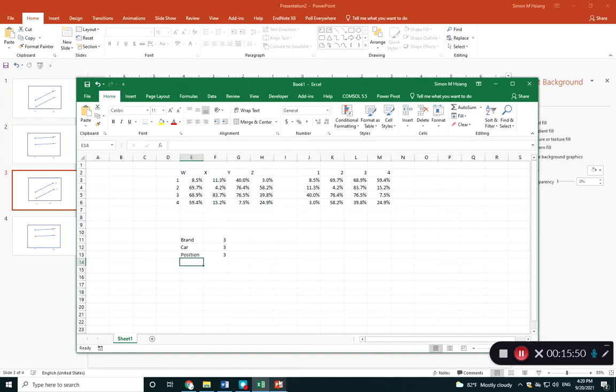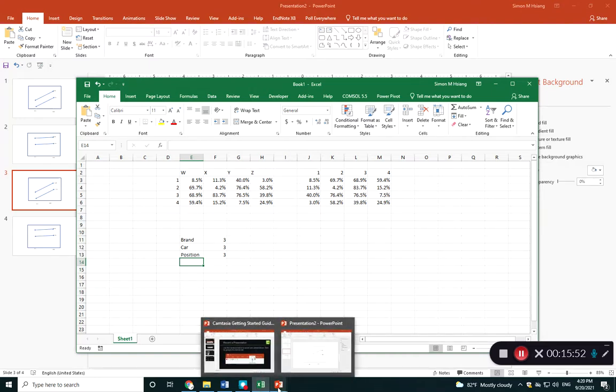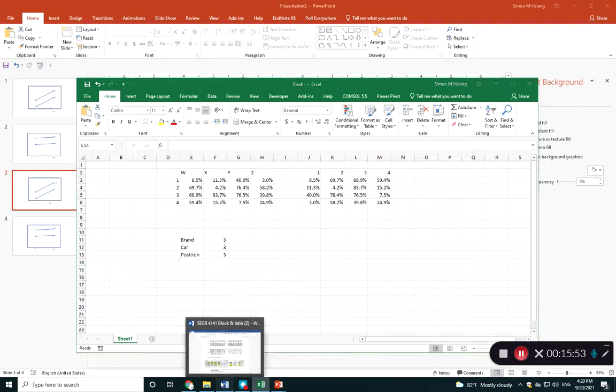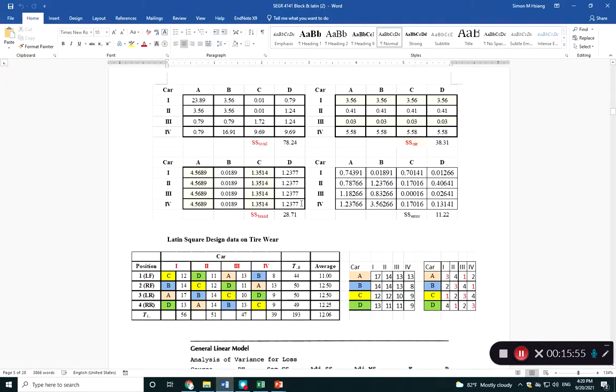Can someone ask the question for me here? When you do your homework, when you try to evaluate the blocking effect of the ANOVA, the car effect or the tire effect, it doesn't matter which one you calculate first.